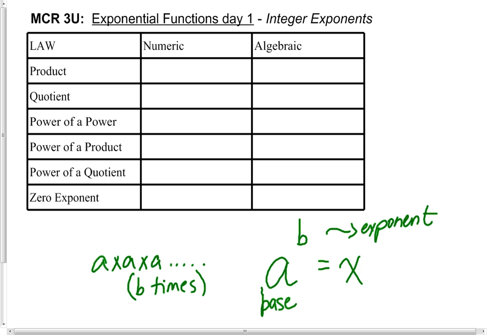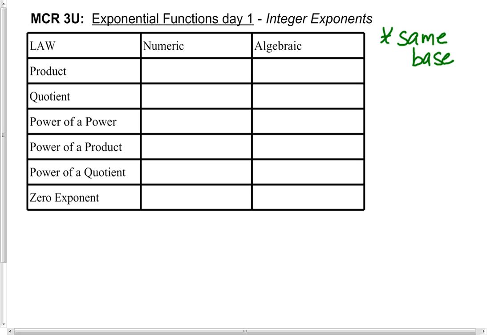So the rules that we know: product. If you are multiplying two powers, you have to have the same base for these rules. When we multiply two powers that have the same base, for instance 3 to the power of 3 times 3 to the power of 4, that means 3 times 3 times 3 times 4 3s. 3 times 3 times 3 times 3.